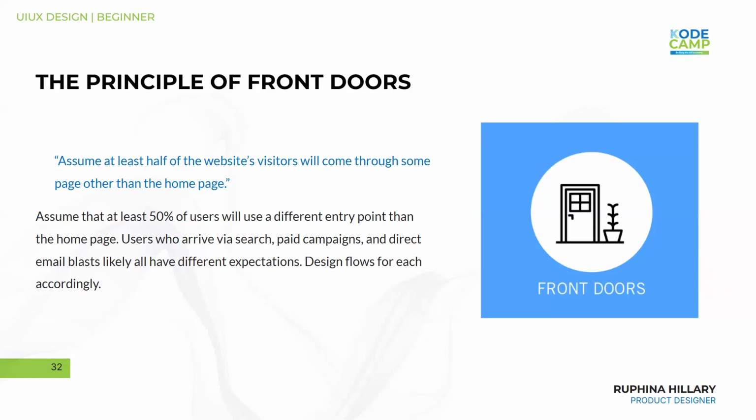They should be able to navigate back to the home page, and from there choose whatever path they want to follow. That's the reason we create user flows: to envision the different paths our users can take. And that's simply what the principle of front doors tells us.